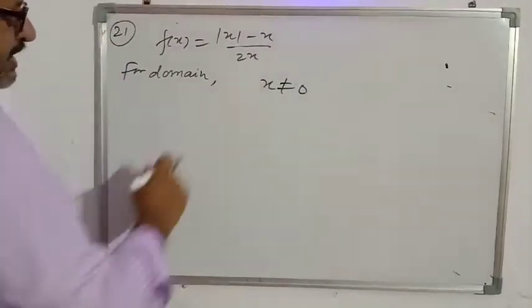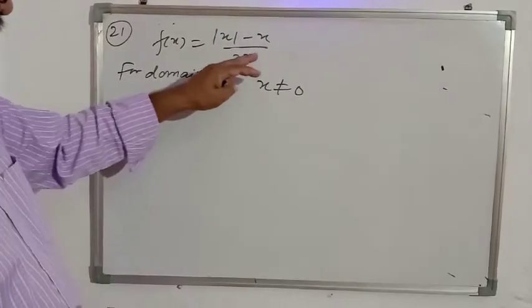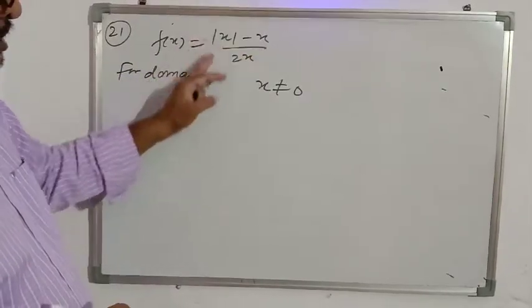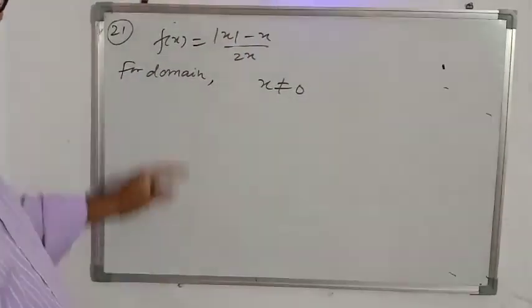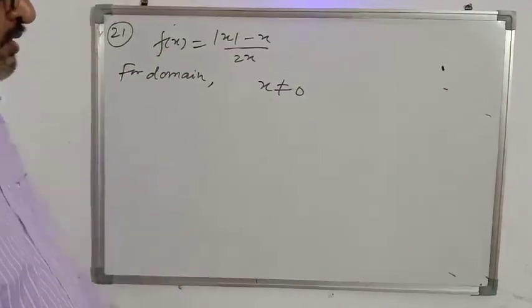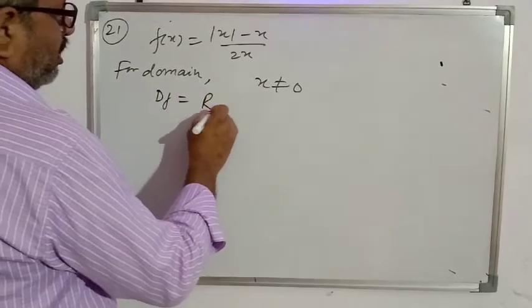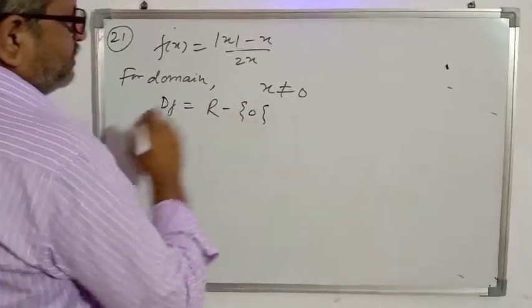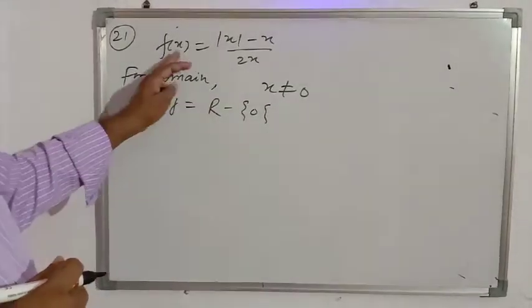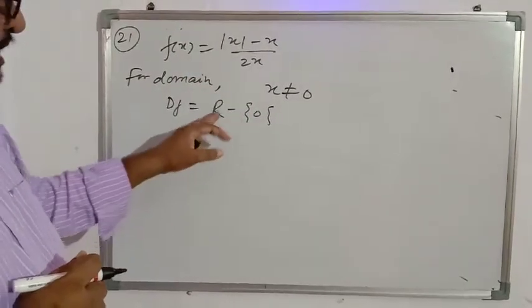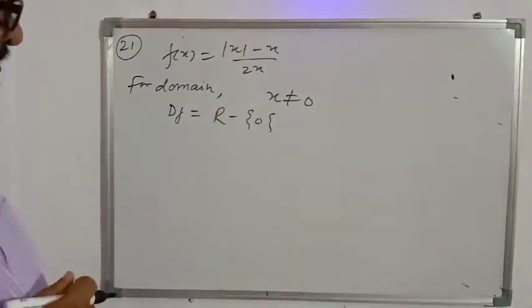Because if x is 0, the whole value will be undefined. So for domain x not equal to 0, it means the domain of the function is all the real numbers except 0. Function f(x) is defined for all the real values of x except 0.